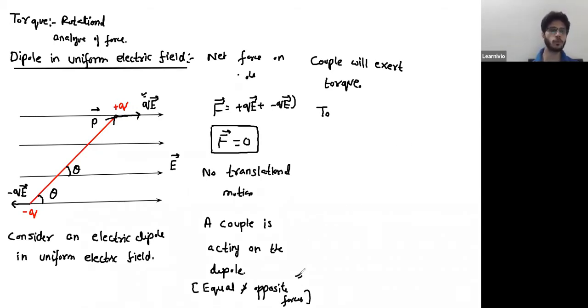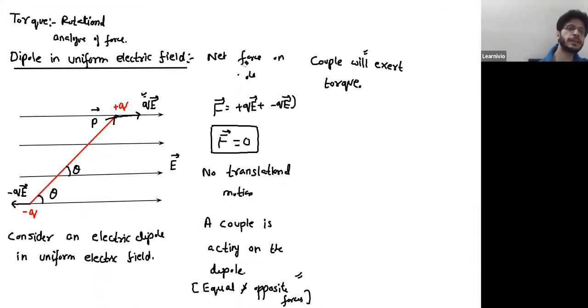So is it clear? What do you mean by a couple acting on the dipole? It means the forces acting on the dipole, and this couple will exert torque. This couple will rotate the dipole. That means it will exert some torque on the dipole.